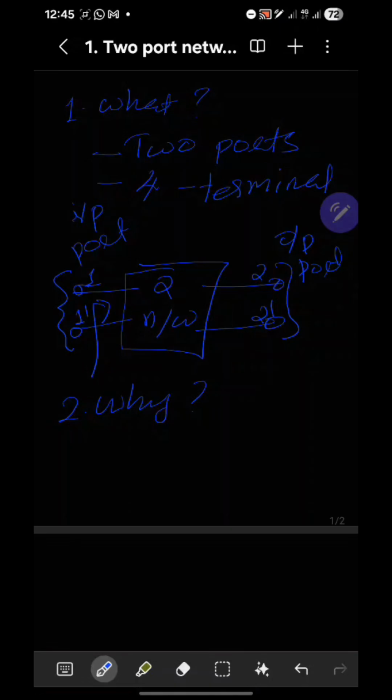Next question that comes to our mind is what we are going to learn here in this two-port network analysis. Basically, if it is discrete components like a capacitor, inductor, or any other components, we'll be learning some properties of these. If we learn those properties, we can use them in the network analysis of a circuit which contains these elements.